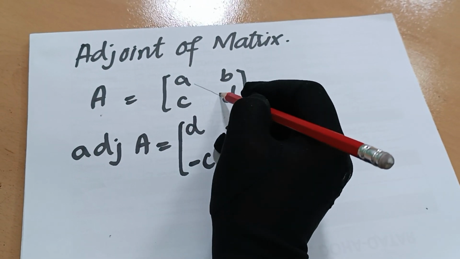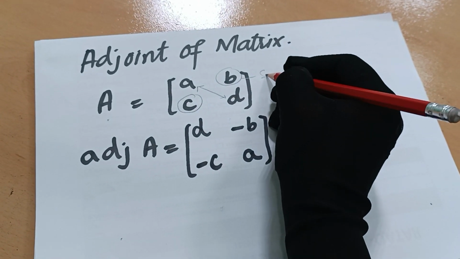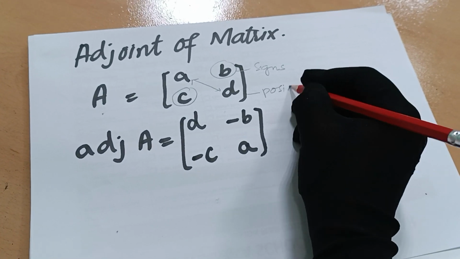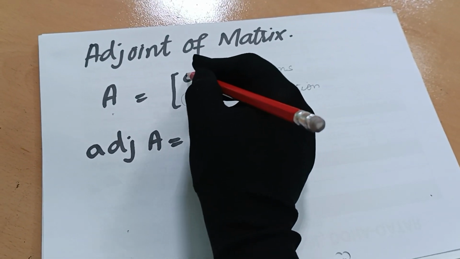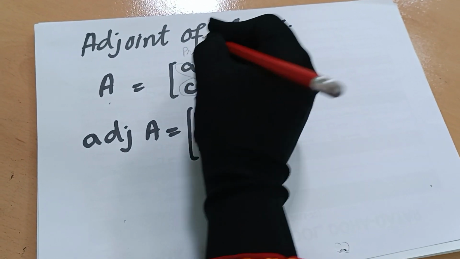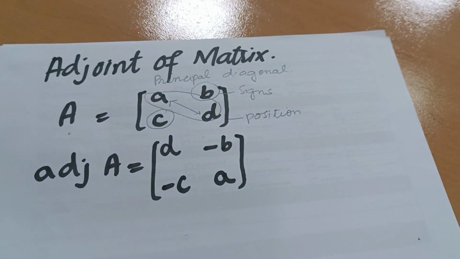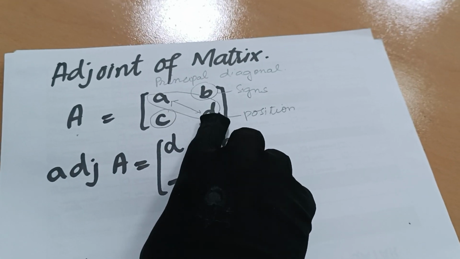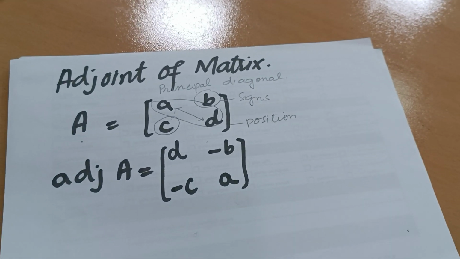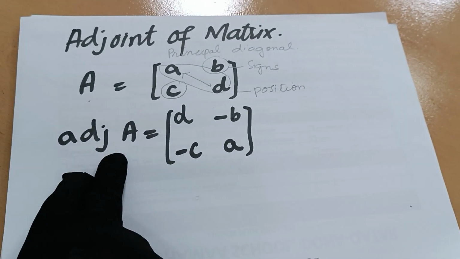It means the principal diagonal elements will exchange their positions, and the other diagonal elements will change their signs. If they are positive, they will become negative. If they are negative, they will become positive. So the adjoint is done.